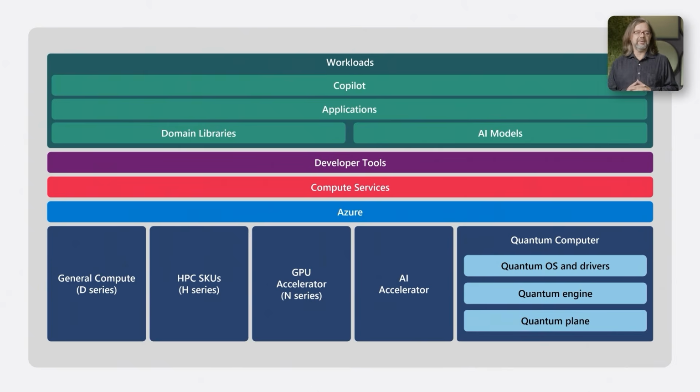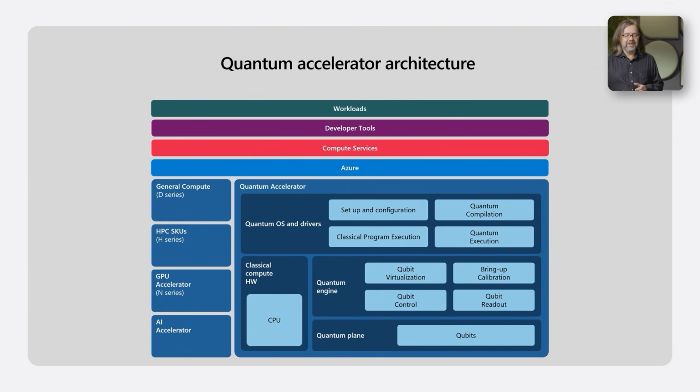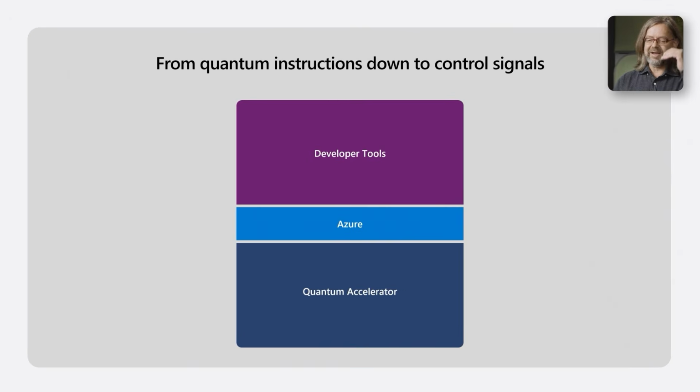We talked about the quantum software. And this time we want to zoom deeper in the stack onto the quantum engine, where we are translating the quantum instructions all the way down to the control signals for the physical qubits.